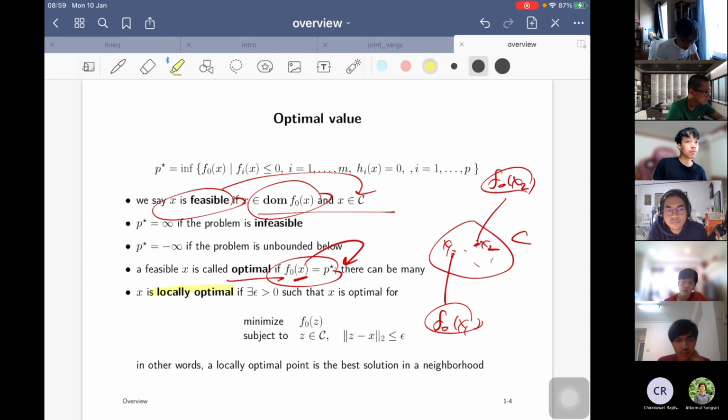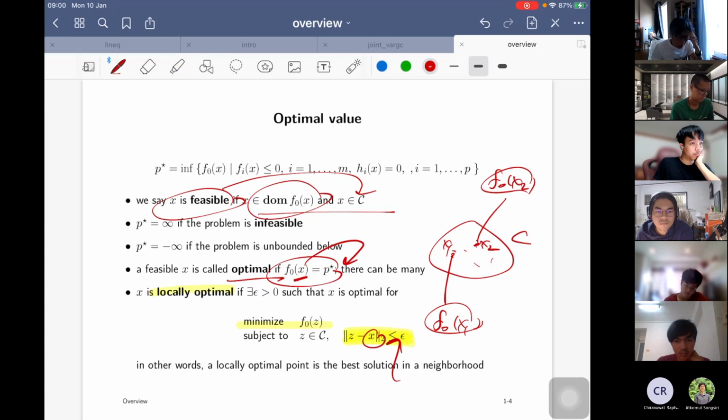The term locally optimal is the following. If you minimize the same objective function and you look for other candidates in the neighborhood of x, those vectors z are all the vectors that lie close to x.